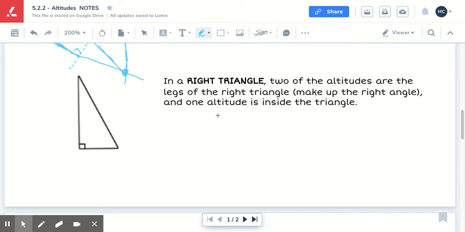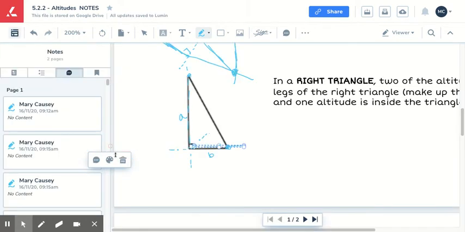In a right triangle, 2 of your altitudes are the legs, as I mentioned before. So this would be an altitude from this vertex to this side. And this would be an altitude from this vertex to this side. And then the third altitude would be inside. I did not draw that right at all.